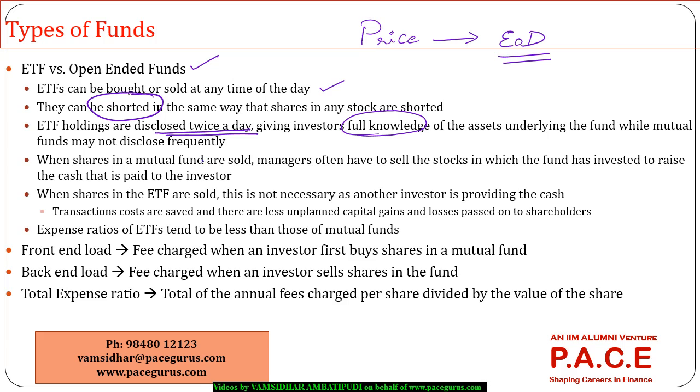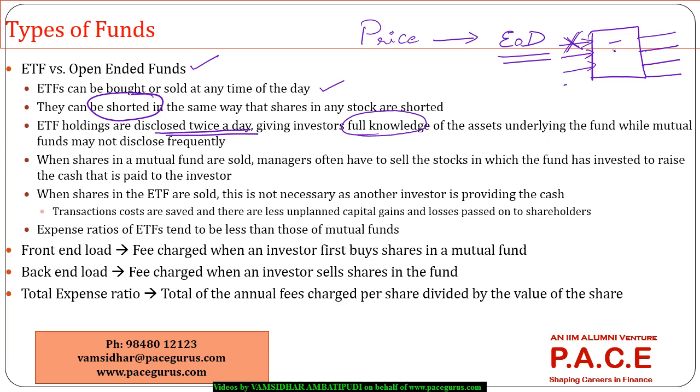Now coming to selling the shares. Let's say I have invested in an open-ended mutual fund. Like me, so many people have invested. Now this mutual fund has again invested in some shares of some companies. Let's say I want to close out my investment, I want to exit out of my investment.